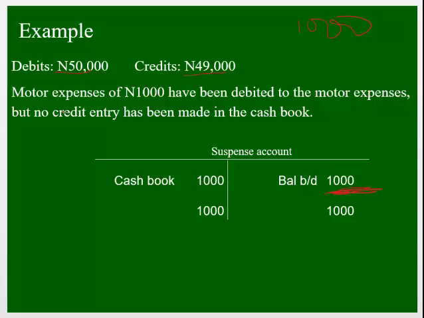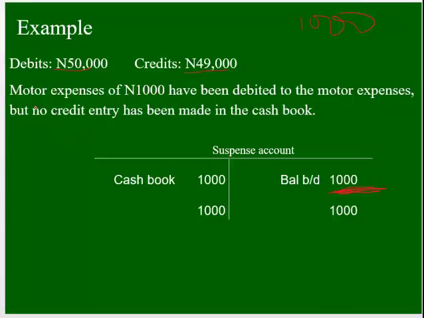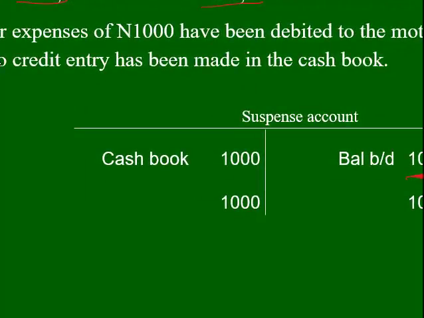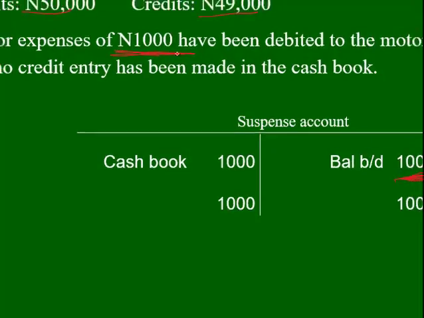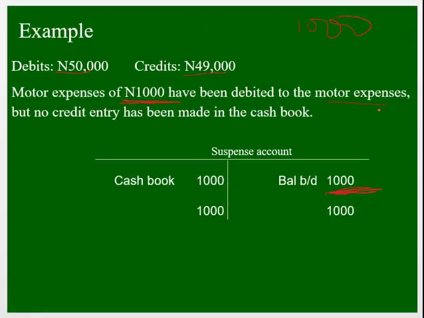Now we discover, maybe when you are trying to review your source documents, the ledger and the book of original entry, that motor vehicle expenses have been debited to the motor vehicle account. Remember, this error occurred. The expenses have been debited to motor vehicle expenses, but no credit entry has been made in the cash book.